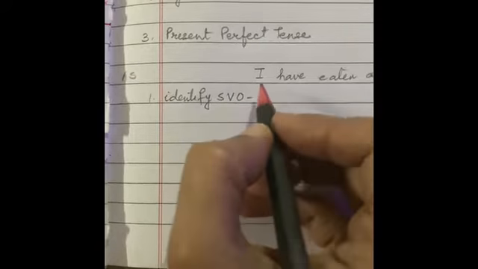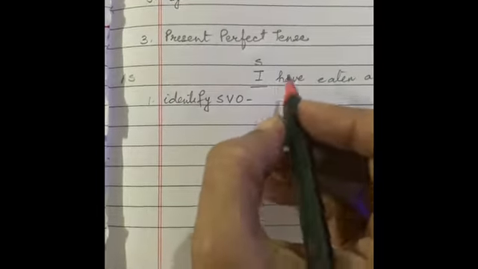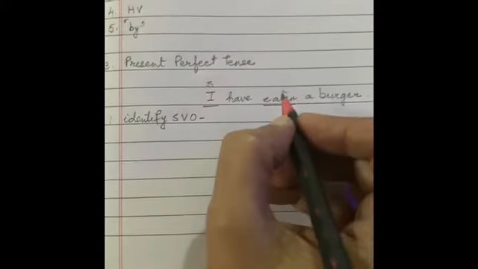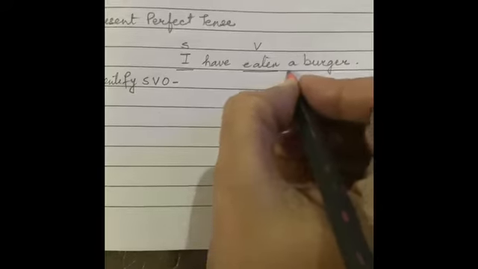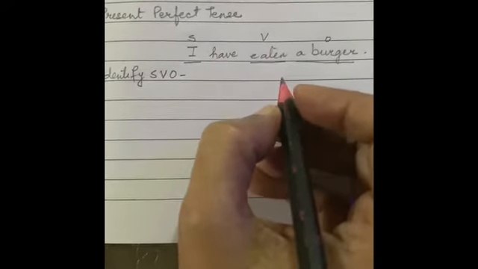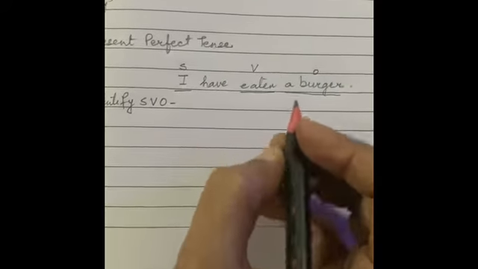So here I is the subject. Eaten is the verb. And a burger is the object. Now let's swap the position of the subject and object.